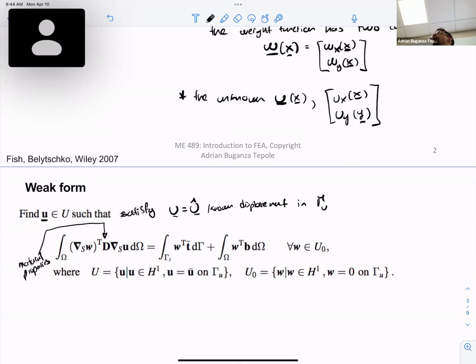Equals the integral over the boundary with natural boundary conditions of the weight function times the traction. Again, traction is basically the forces on the boundary. And then this is the force vector. So the integral over omega of the weight function dotted with the body force.